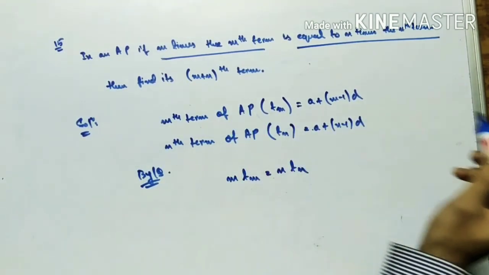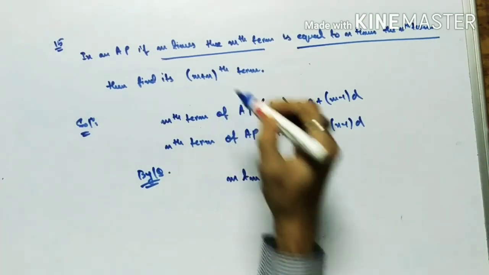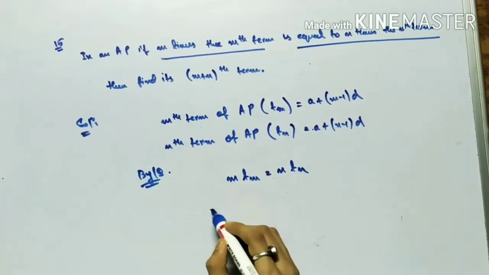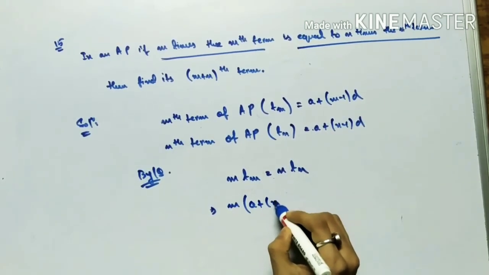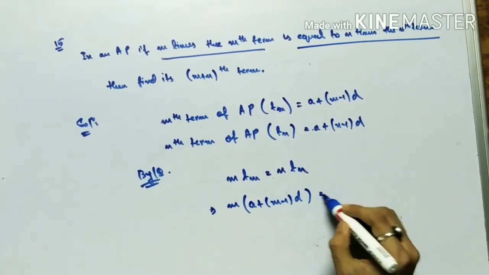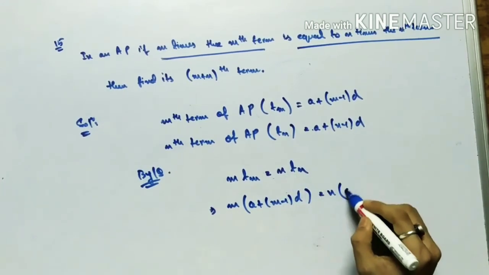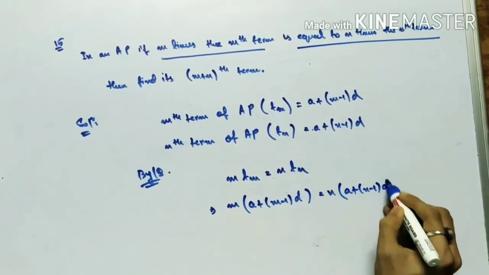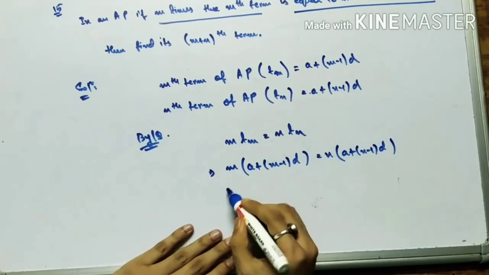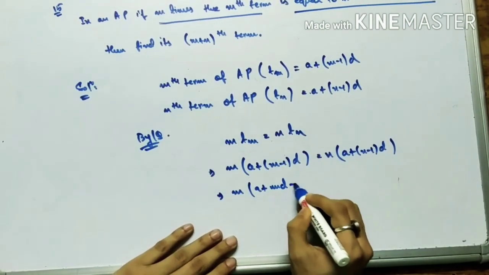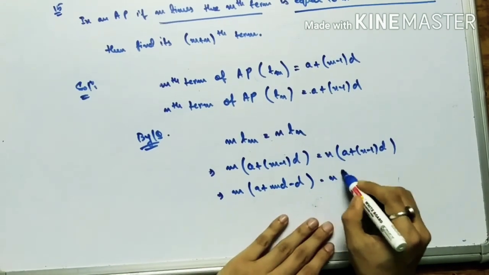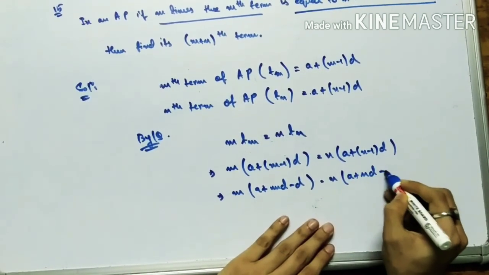I have to find the m plus nth term. So this one, Tm, it is a plus m minus 1 d, is equal to n times Tn, which is a plus n minus 1 d. So this one, m into a plus md minus d, is equal to n into a plus nd minus d.